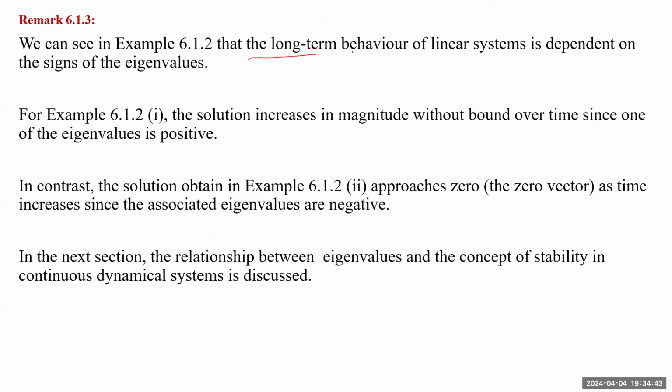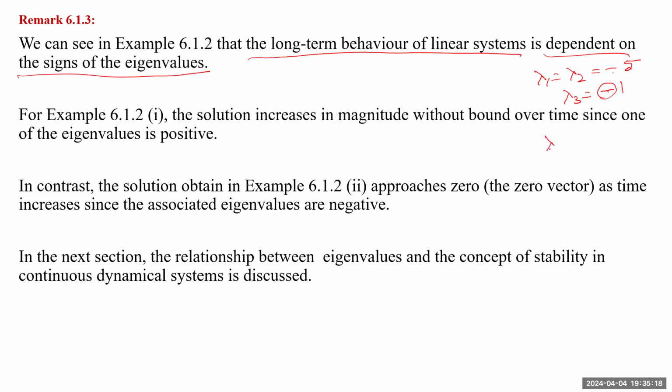The long-term behavior of the linear system depends on the sign of the eigenvalues. So in our problem, the eigenvalues are lambda 1 equals lambda 2 equals minus 5, and lambda 3 equals minus 1. What is the sign of these? This is a minus 1, here is a minus 5. So that's why, as t tends to infinity, all solutions approach 0.